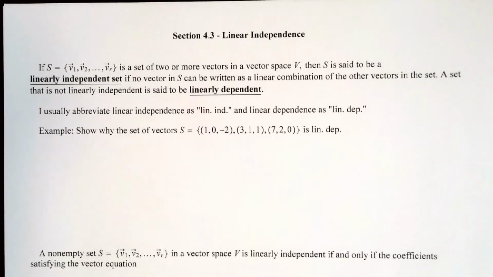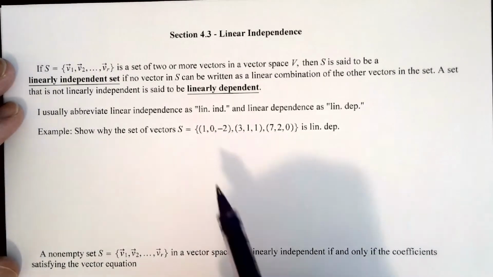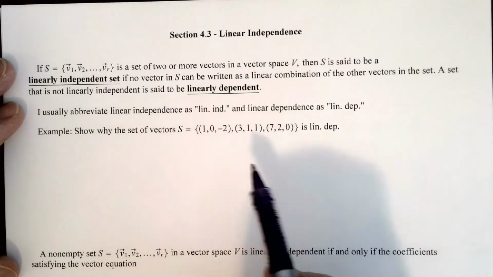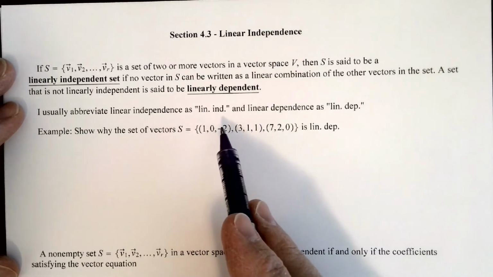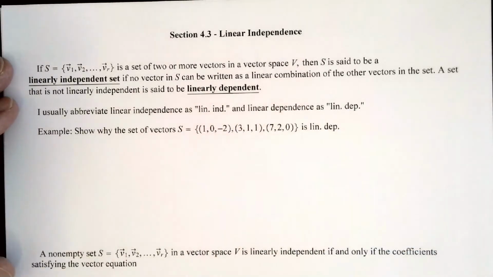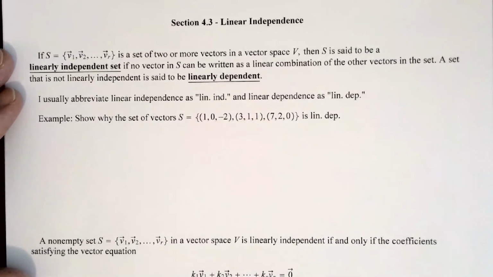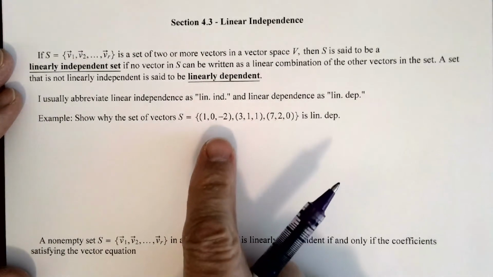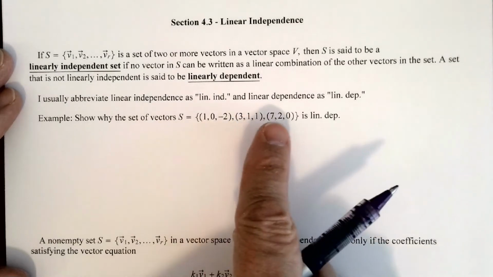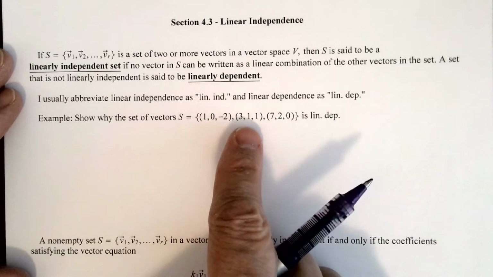Now, I usually abbreviate linearly independent. Sometimes you'll see me write L-I-N-I-N-D for linearly independent, and linearly dependent that way. Just my notation. Now, let's show that the set of vectors S equal to these three vectors, which reside in 3-space, are 3-space vectors.